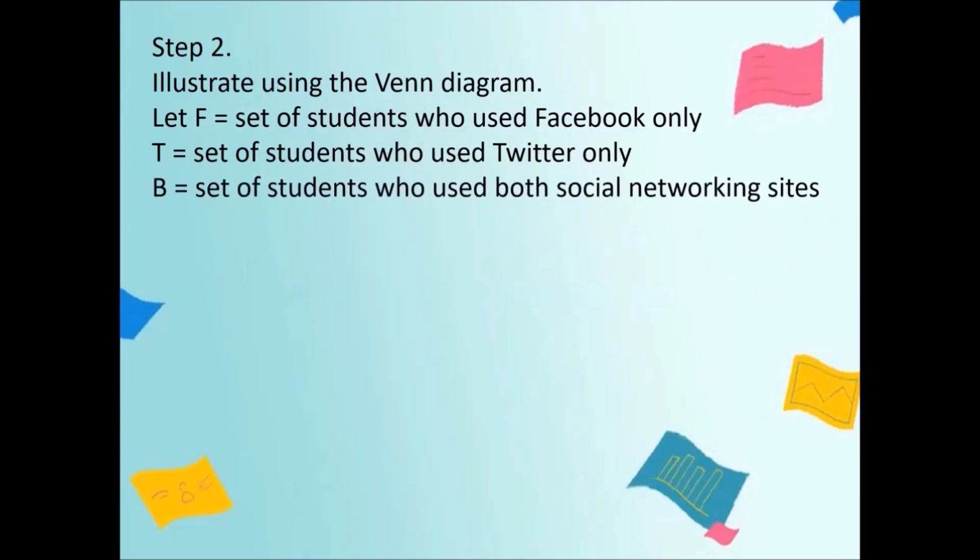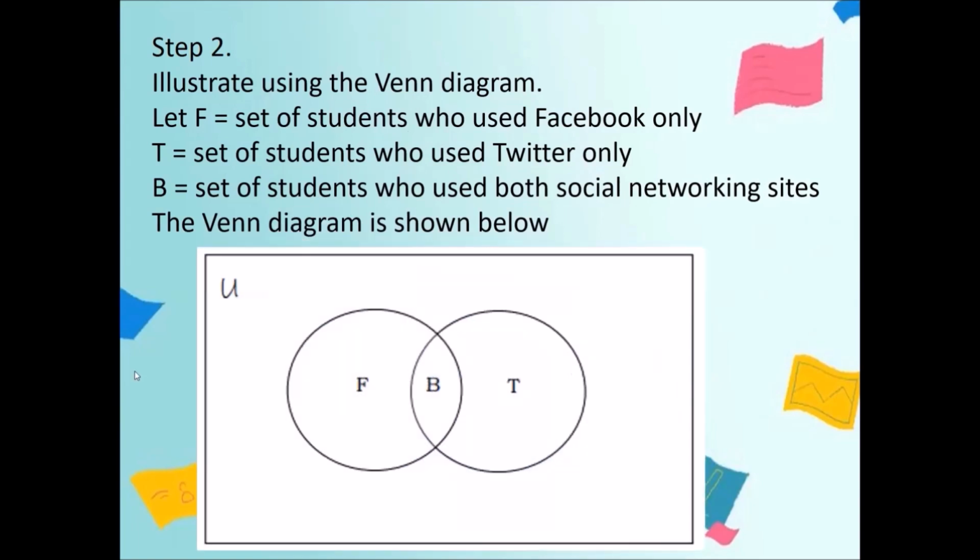And B, the set of students who use both social networking sites. So, the Venn diagram is shown below. So, ito ang set ng mga elements o gumagamit ng Facebook at ito ang set ng gumagamit ng Twitter at ang intersection ng dalawa ang tinatawag na both, na B.